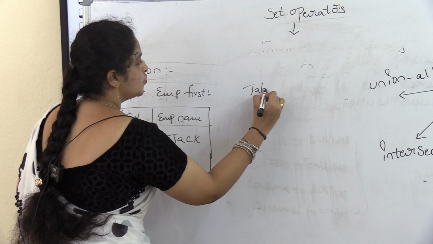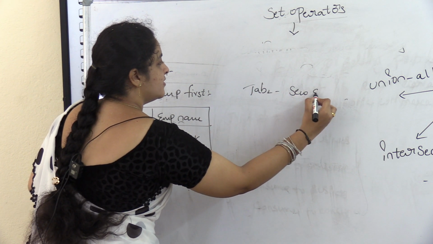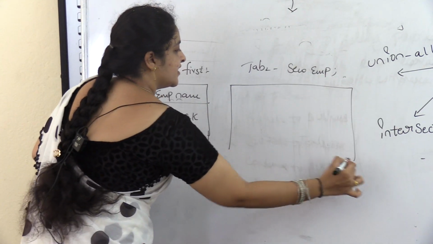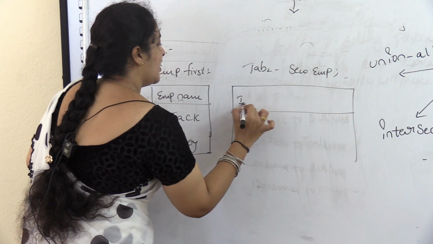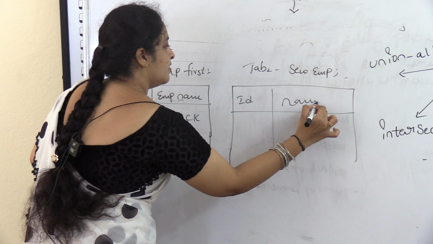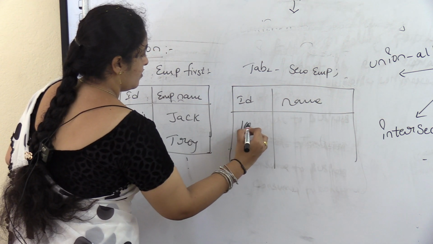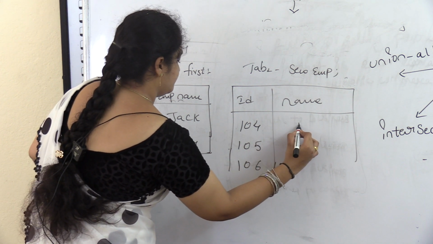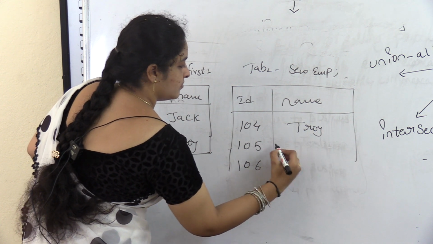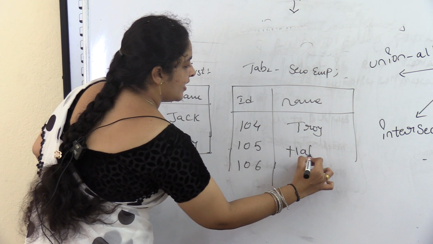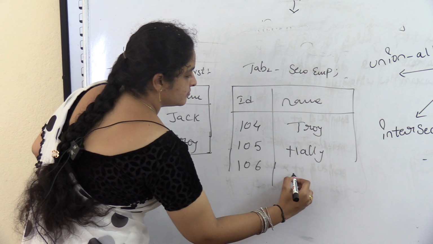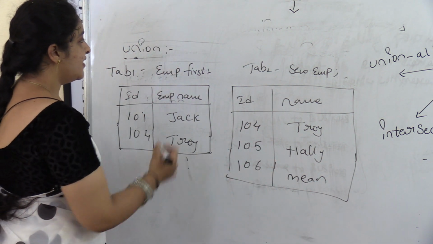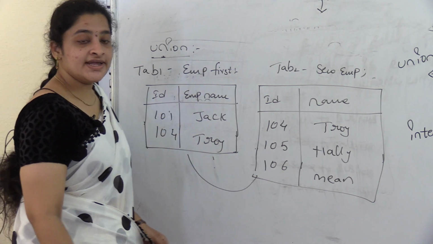Second table, table 2, is employee second. We have to take the second table with ID and name: 104, 105, 106, Troy, Hallie. In this union we combine both tables in the result table.